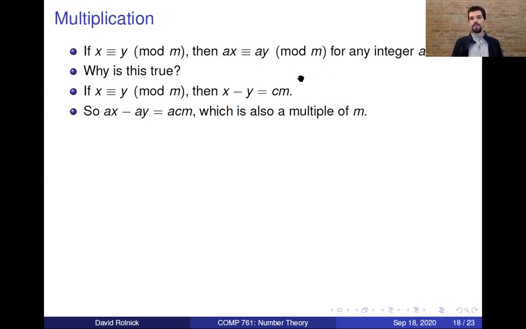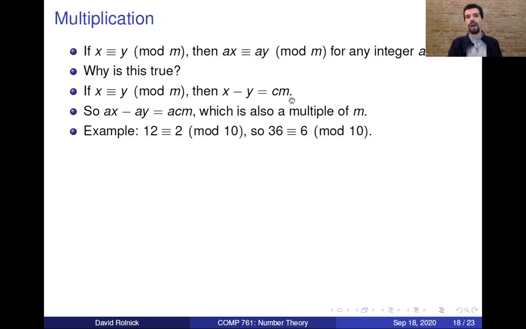But that means that the difference of ax and ay is a times that same multiple of m, and that's also a multiple of m. And that means that ax and ay are also congruent modulo m. As an example, 12 is equal to 2 mod 10, and if you multiply both sides by 3, you get 36 is equal to 6 mod 10.